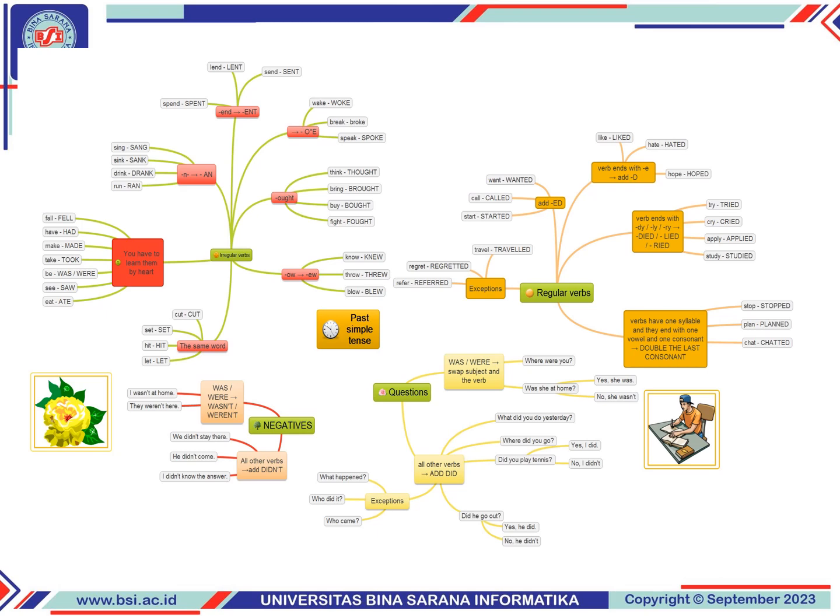What about irregular verbs? It is quite difficult because we have to memorize the words one by one because there is a change in the form of the word, such as sing will be sang. And also there are words such as have will be had, make will be made, take will be took, be is are will be was and were, and others.